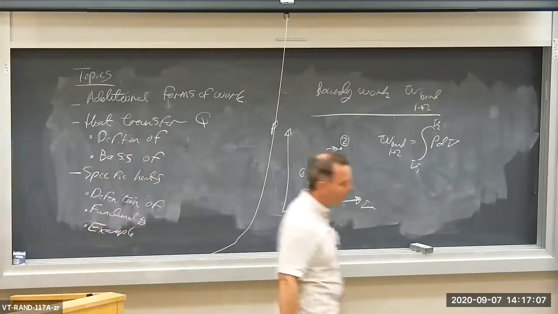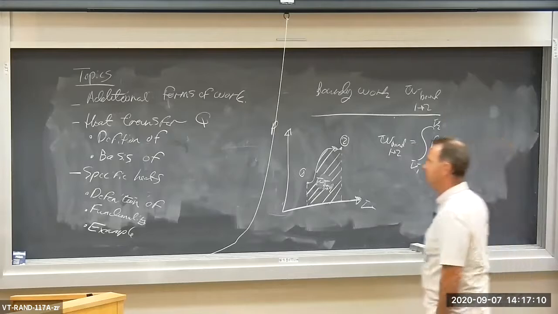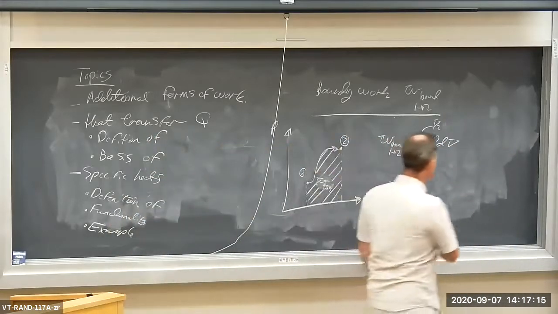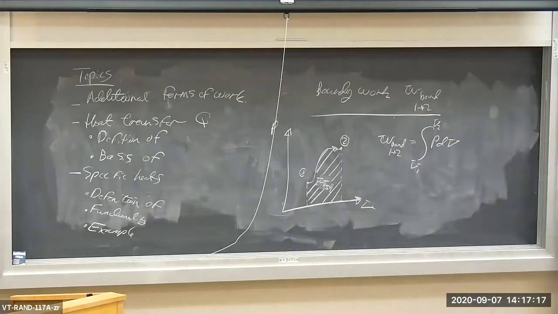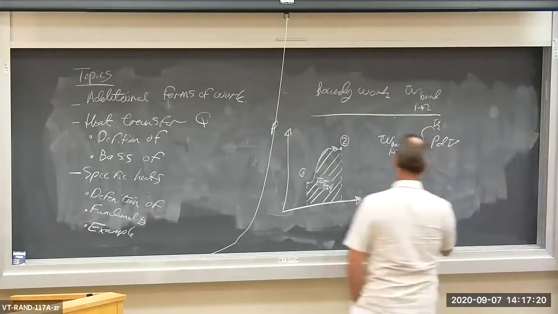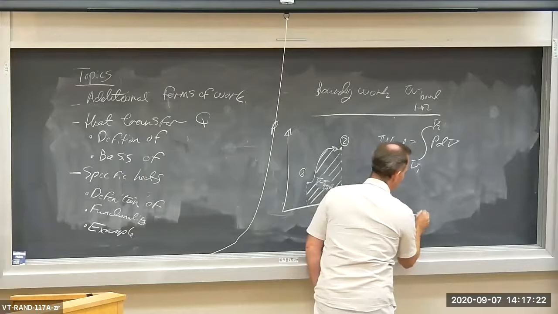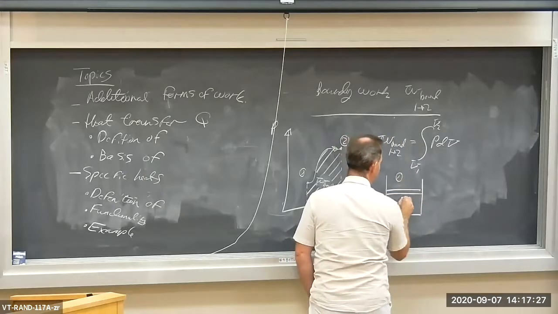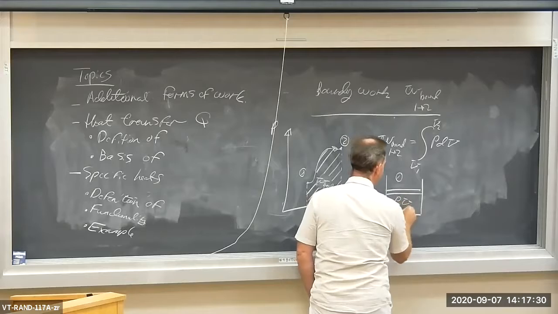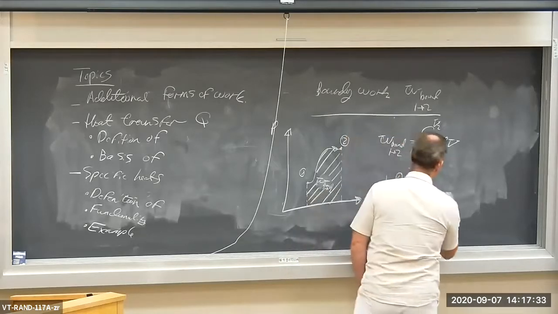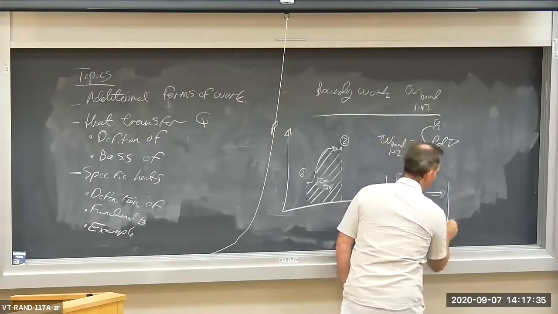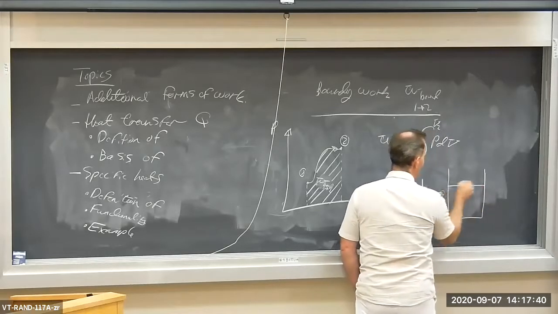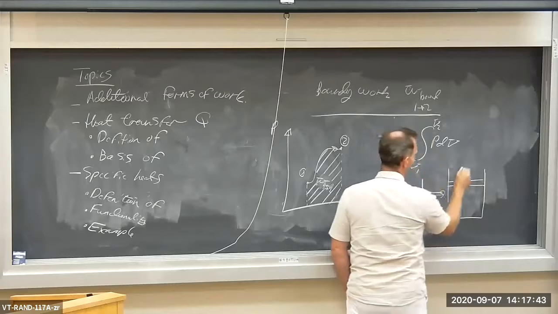By the way, the system is starting off with a certain volume, and let's say it's expanding. So our system is moving from state 1, so I have a pressure, I have a volume V1, I have a bunch of initial conditions here, and it goes to state 2. Let's say it's expanded a little bit from state 1 to state 2.